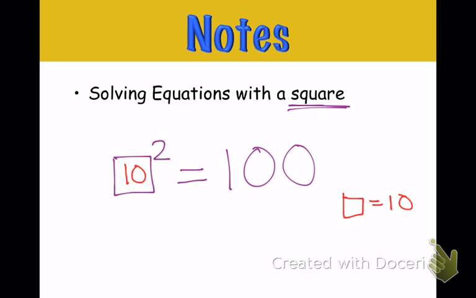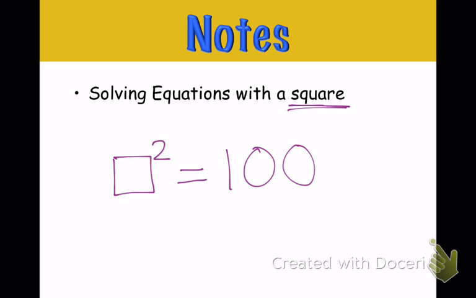Now, there's actually another answer. What other number, besides 10, if I put it in this spot, would give me 100? So what number squared would also give me 100?